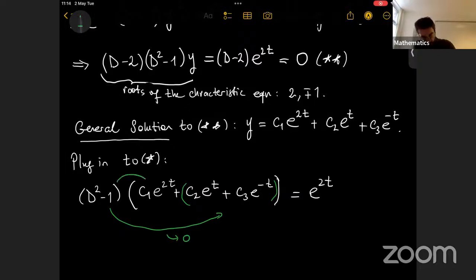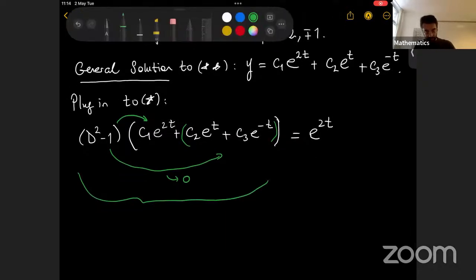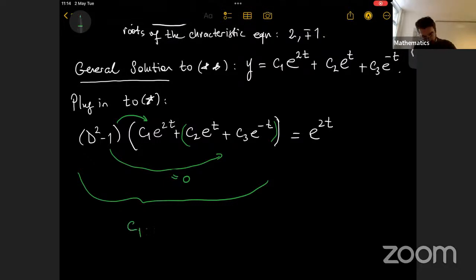The only term that remains is when you apply this operator to the e to the 2t. So basically, the whole left-hand side will be C1 times (D squared minus 1) e to the 2t, okay? But what is this?